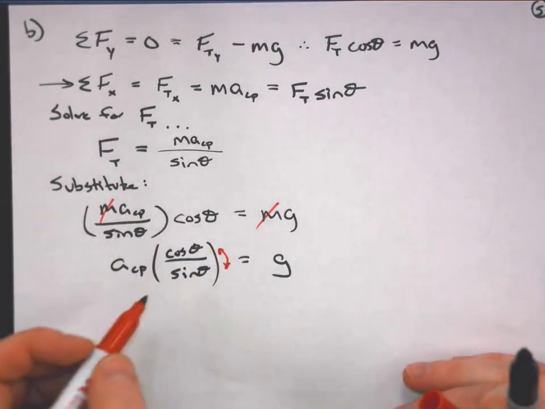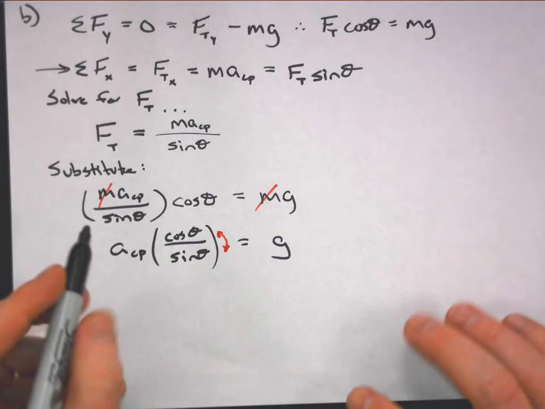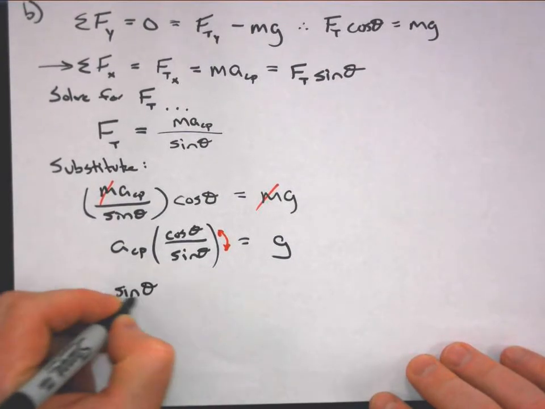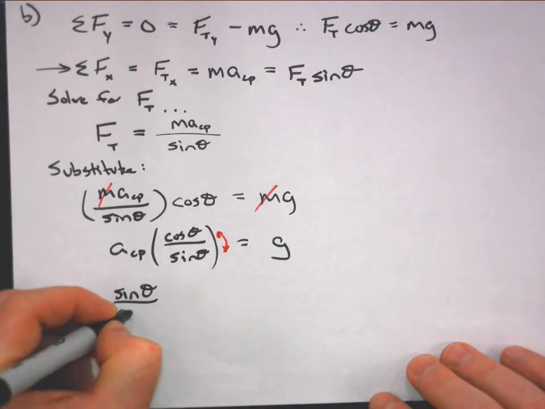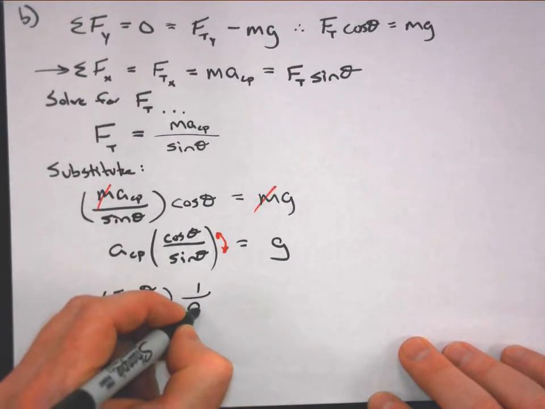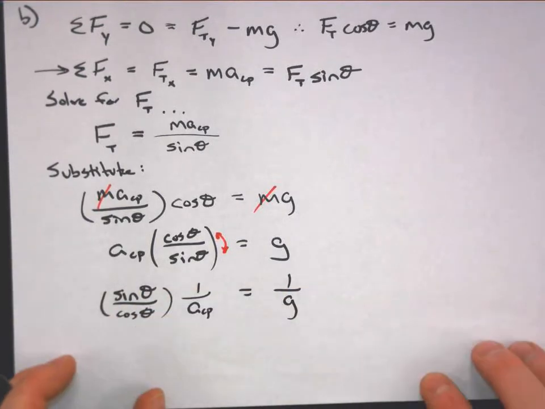Well, yeah, if I flip this, but I also got to flip the other side too. Take the reciprocal of both sides, and I end up with sine theta over cosine theta times 1 over centripetal acceleration equals 1 over g.